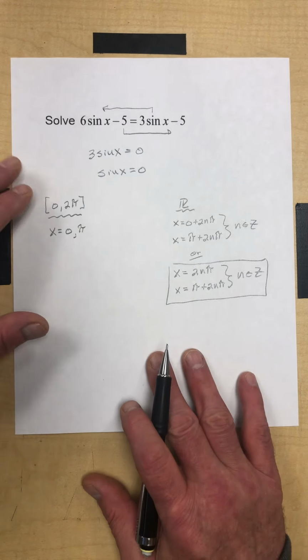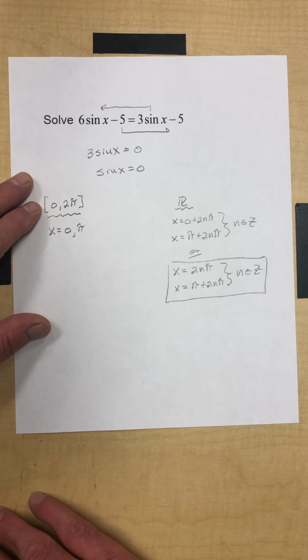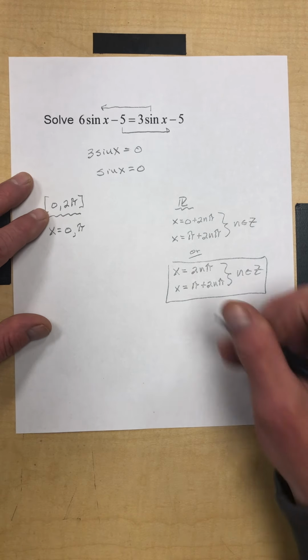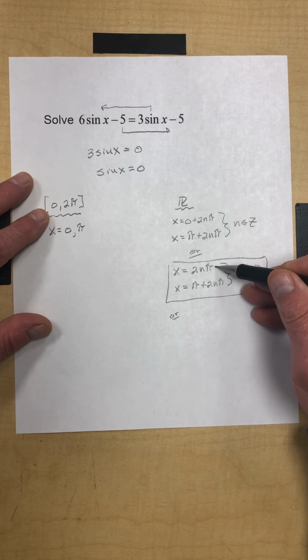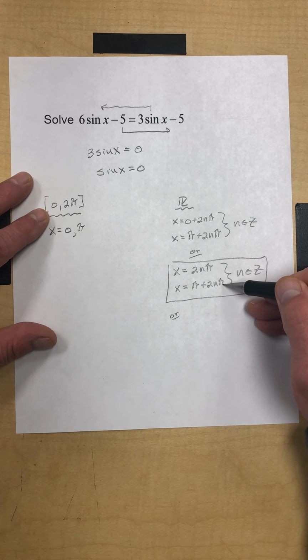I guess another way to write it, let me see. I'm looking at that and I'm saying, okay, this is all the even multiples of pi. That's all the odd multiples of pi. So couldn't I just get all the multiples of pi and put them together?